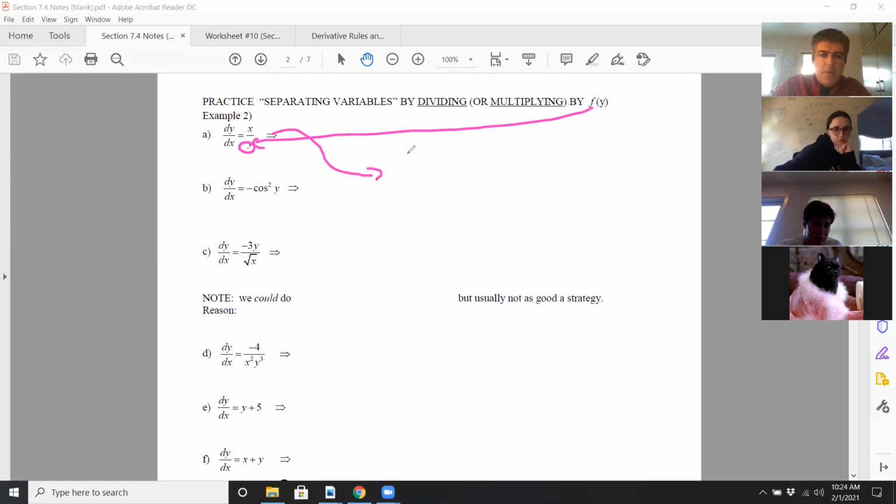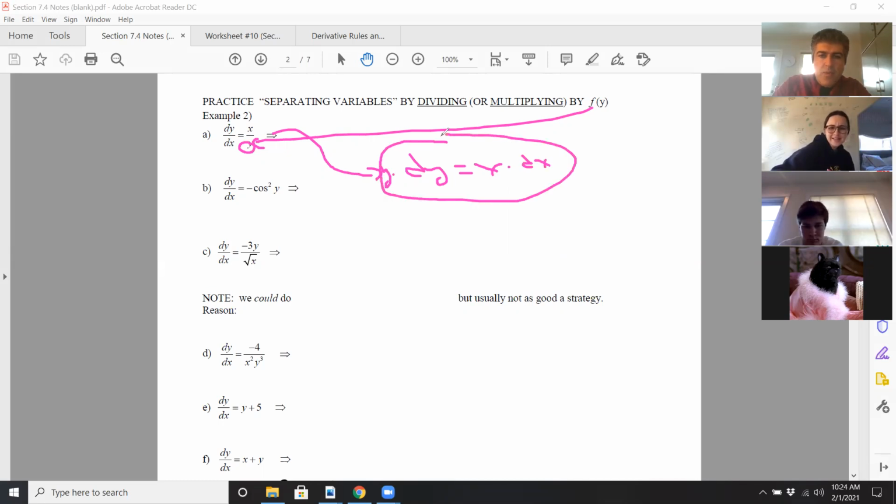So if I separate it out, I'm going to multiply both sides by y and multiply both sides by dx. And there you go. It's y times dy equals x times dx. So I just multiplied both sides. Actually, I cross multiplied, really. That's what I did for part A. I just cross multiplied.